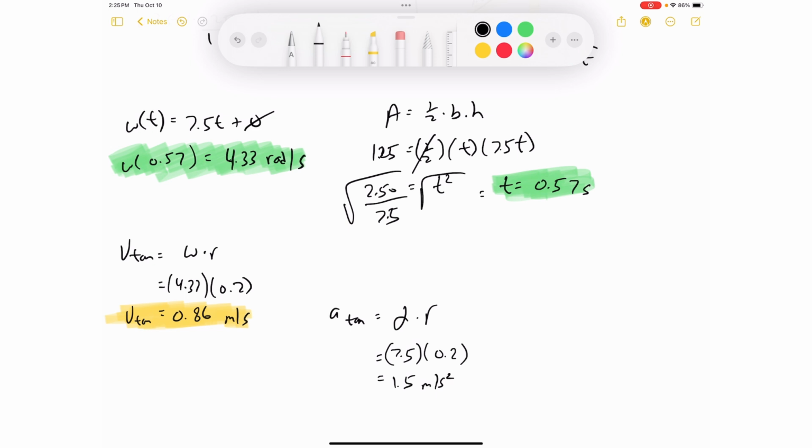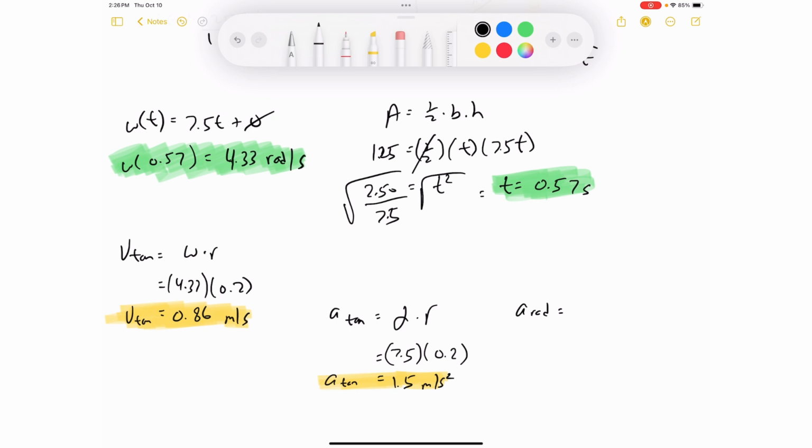So if the wheel were attached to a car, and you want to know how fast the car is accelerating, you'd say it's accelerating at 1.5 meters per second squared. That's tangential acceleration. And then almost the last piece is the radial acceleration. That's the acceleration pointing towards the center of the circle. It's a little trickier.